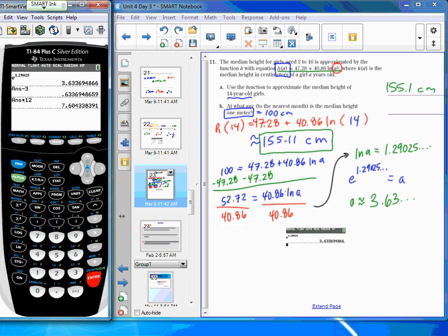Seven months completed and 0.6 of the way through the 8th month, so it looks like August. So to the nearest month, that would be 3 years and 8 months. Is that okay? So about 3 years and 8 months.